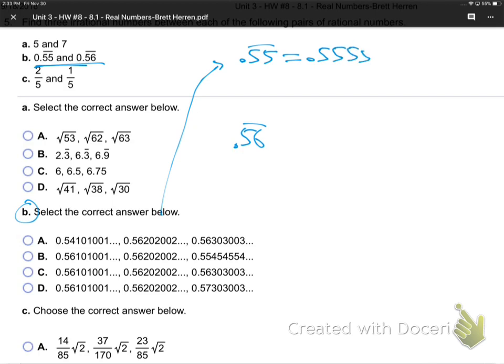That's just 5s forever, and this is 5, 6, 5, 6, 5, 6 forever. And then you're supposed to pick which one of these is going to be 3 numbers in between those. Well, between 5, 5 and 5, 6, not 5, 4. 5, 4 is not between 5, 5 and 5, 6. So that one's out. 5, 7. Oh yeah, this one has 5, 7, huh? That's crazy. That one's out.